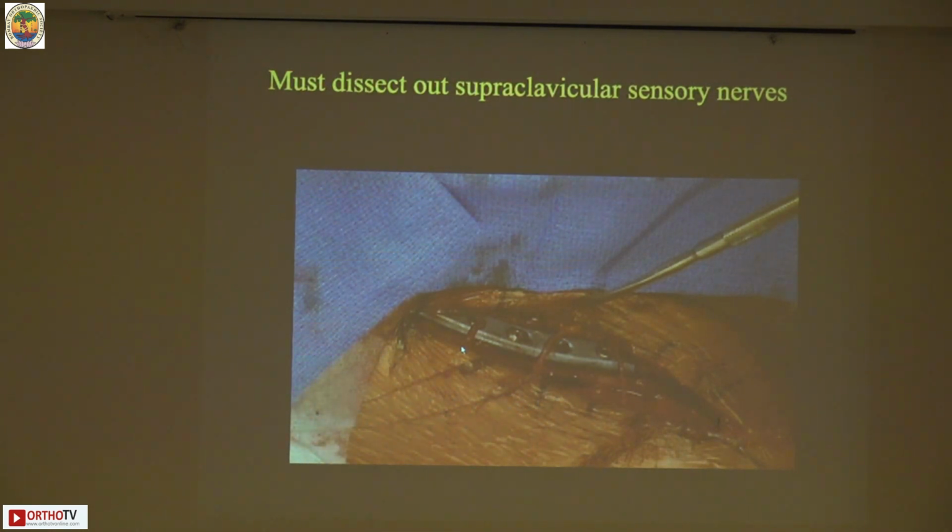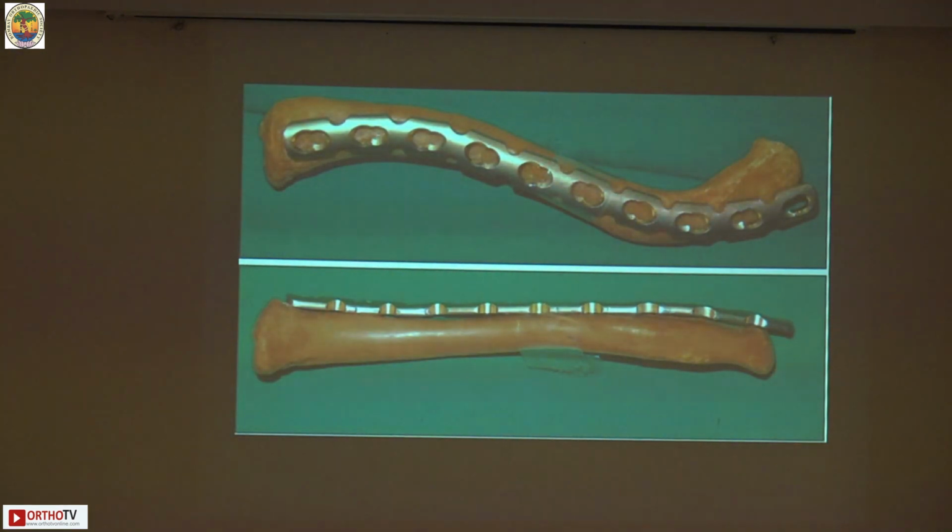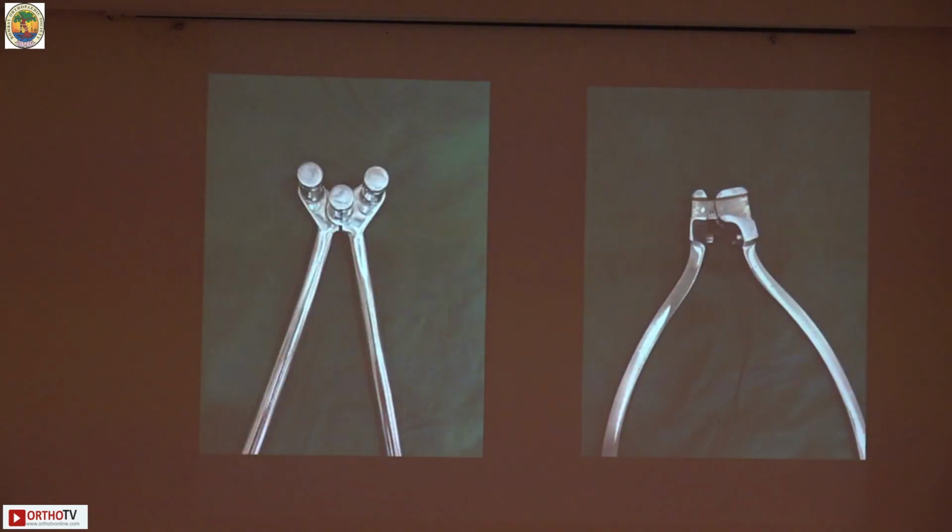It is advisable before and after surgery to inform the patient about the anesthesia, though this recovers in 4 to 6 months and is really never a matter of concern unless there is a neuroma formation, which needs to be excised. Though we are using anatomic plates, every effort should be made to contour the plates as per the size and shape of the clavicle by different instruments. These are bending instruments, everyone knows.